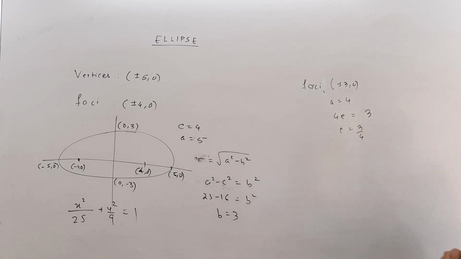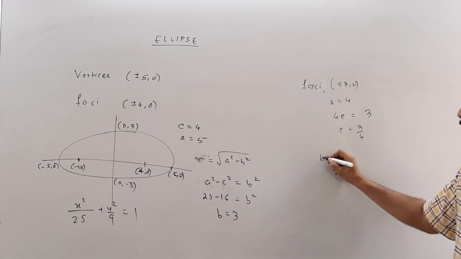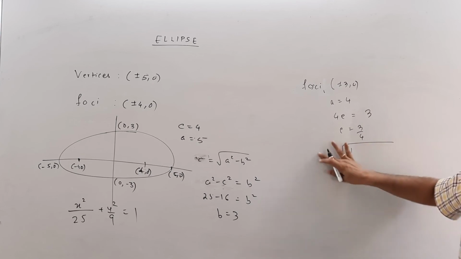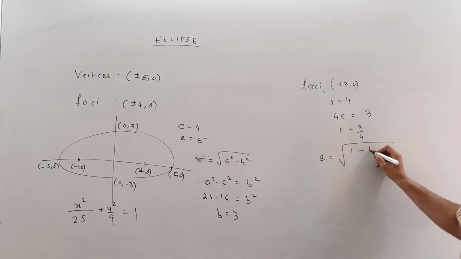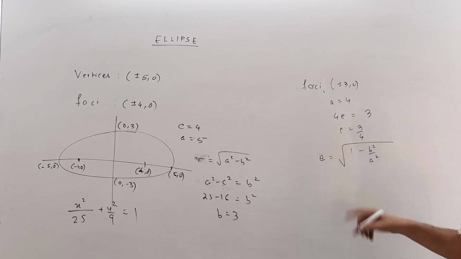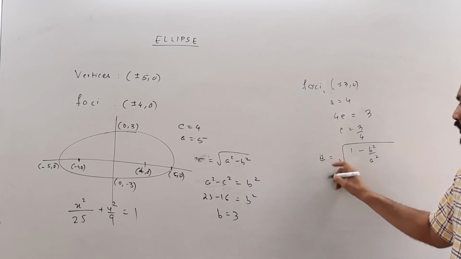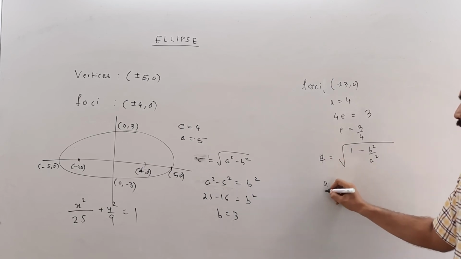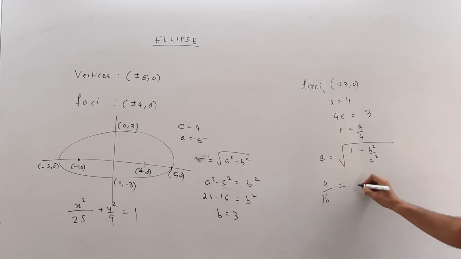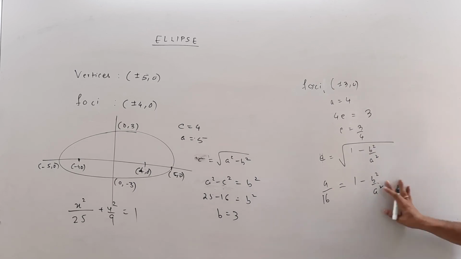Now once we find the eccentricity, we can find b as well. So b is root over of, eccentricity is square root of 1 minus b square by a square. So we can write it as 3 by 4 over here and then square on both the sides, which is 9 by 16 is equal to 1 minus b square by a square. Now a square is known to us, which is 16.